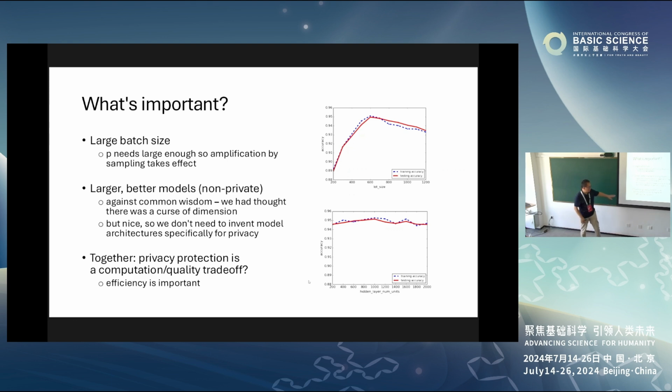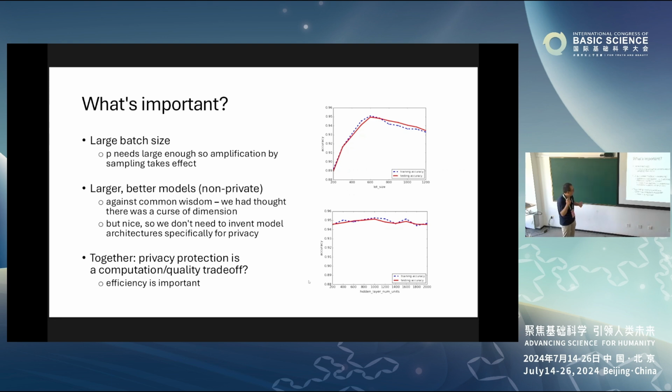So perhaps privacy protection is a computation quality trade-off, which makes sense at the philosophical level. Because if you can only get 3 bits out of some data, you probably want to spend lots of time thinking about how to extract these 3 bits. But anything involving computation is hard, right?